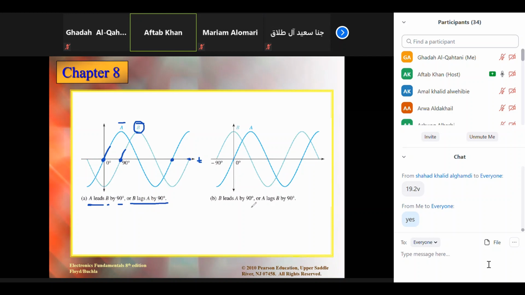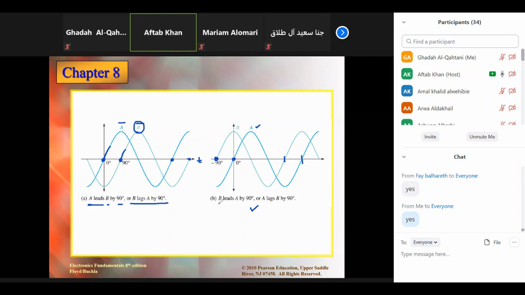Getting the point? See another example. Now look here. B is starting its minima much earlier, and it is starting at 0 again. So A is the reference again. Here B is completing one cycle here and A is completing here, you can see.